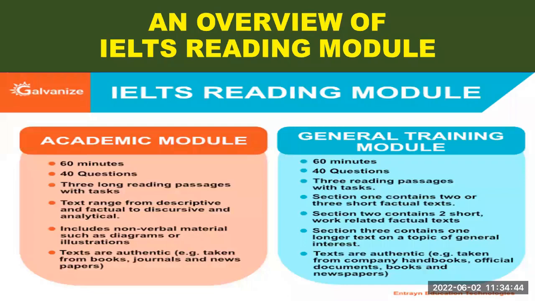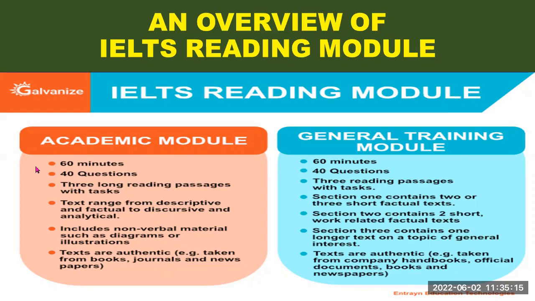First of all, a quick overview of IELTS reading modules. Now, you will understand that the reading test is of two types. You have the academic module, you have the general training module. Now you know what the academic module is meant for and what the general training module is meant for.